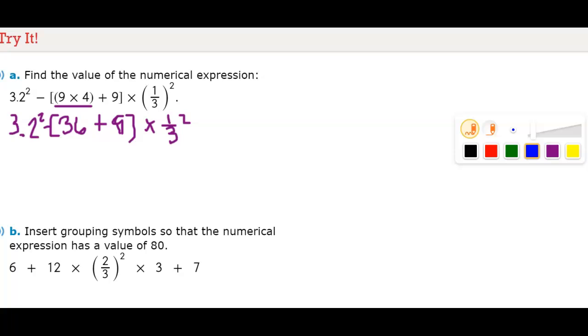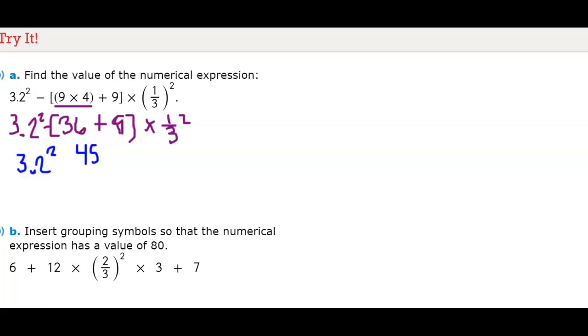So 36 plus 9 is equal to 45. So we now have 45 here. And then we have 3 and 2/10 to the power of 2 minus 45 times 1/3 to the power of 2.